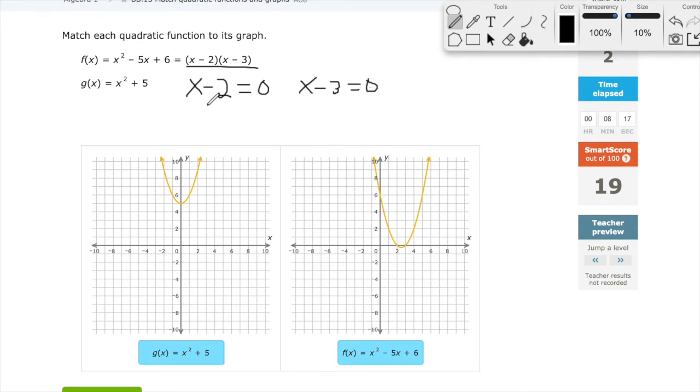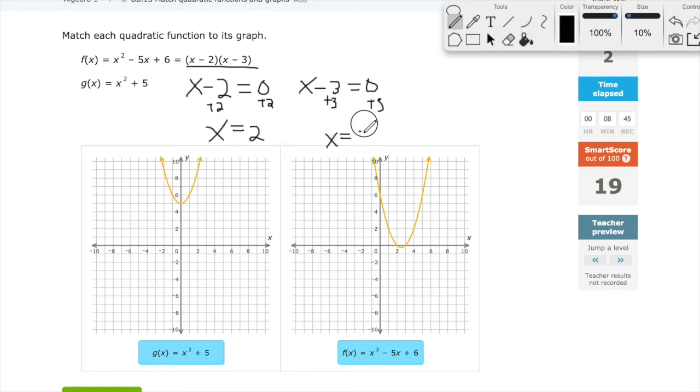And if we solve them by adding to the other side, so that's a +2 and a +2, we would get x equals 2. And pretty similar for this one. If I add 3 to both sides, we're going to have x equals 3 left over.